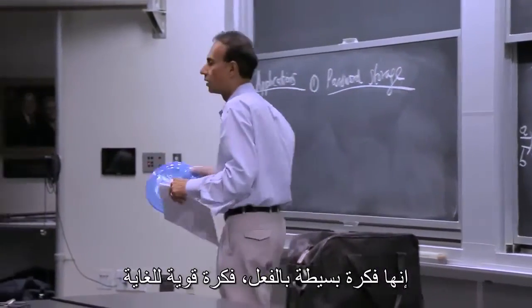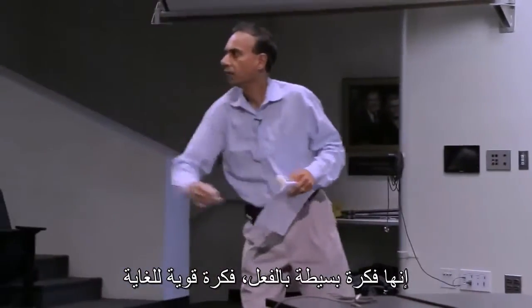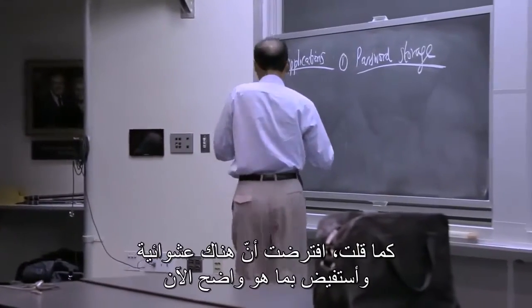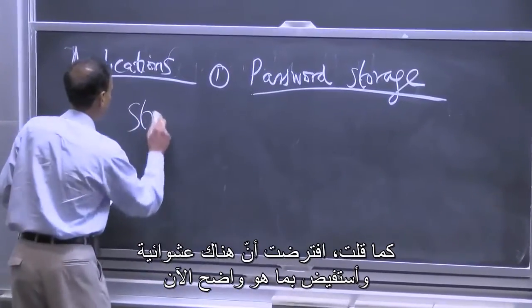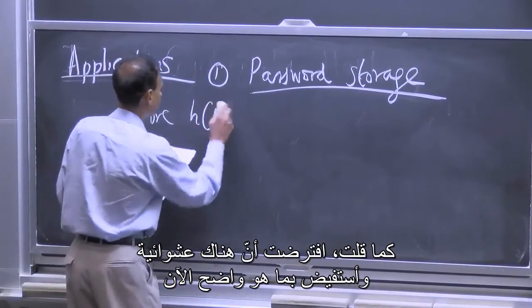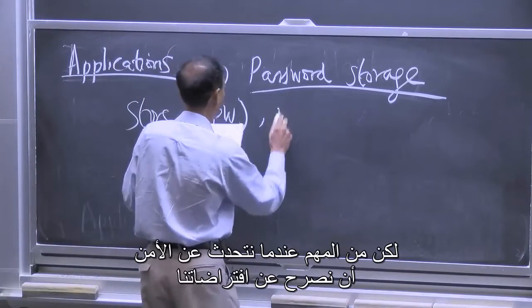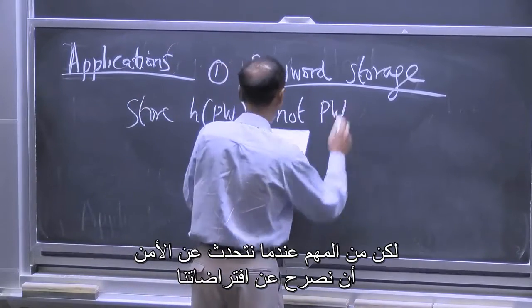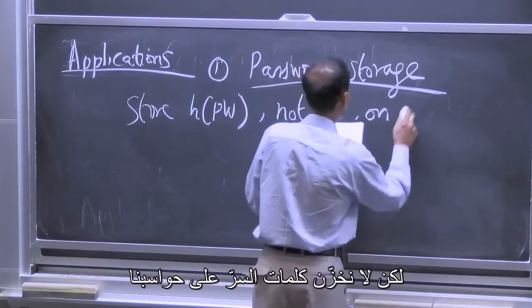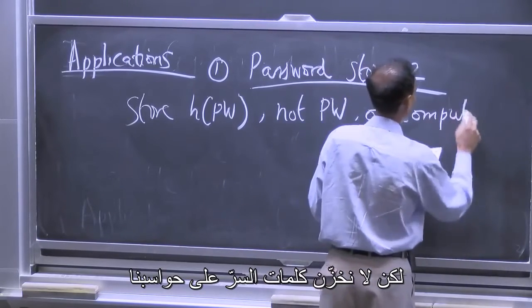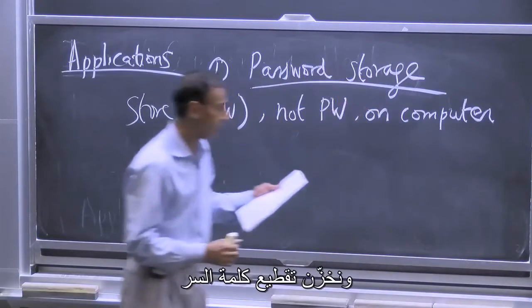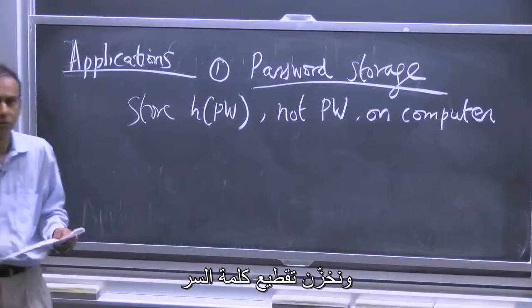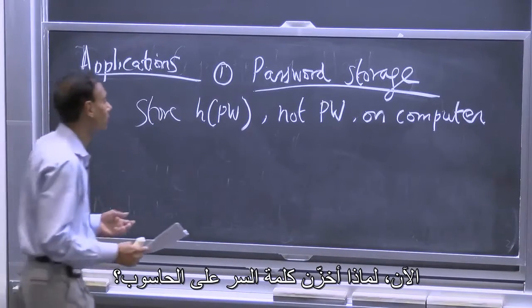So it's a really simple idea, very powerful idea. As I said, assume that the entropy is large, and I'm belaboring the obvious now, but it is important when you talk about security to state your assumptions. You do not store the password on your computer, you store the hash of the password. Now, why do I not store my password on the computer?